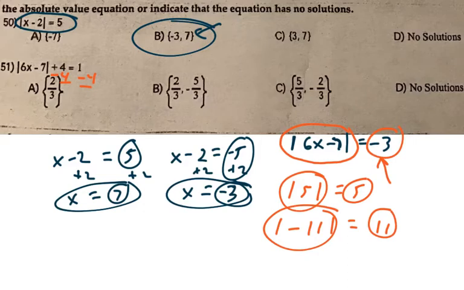That's why all of these choices are there to trick you. If you have a negative, guys, an absolute value in the end can never be a negative. That's why the correct choice is D. So please remember, absolute value can never be a negative value.